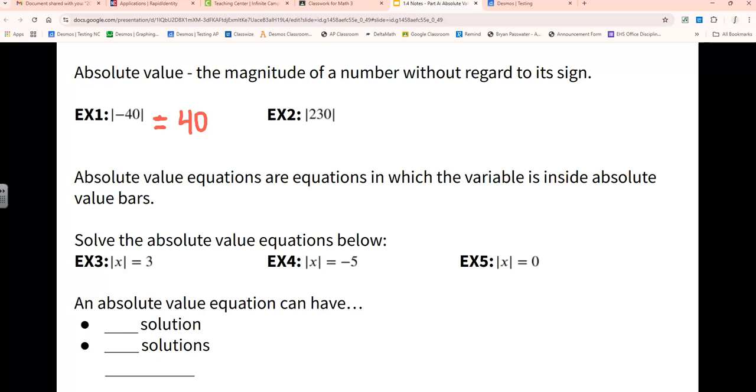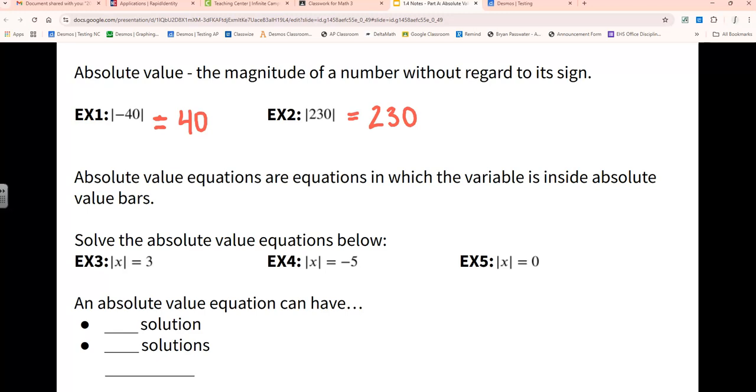It's just 230. One of my teachers told me that the absolute value bars are like the washing machine. What happens if you throw dirty clothes into the washing machine? They get clean, so they're positive, right?